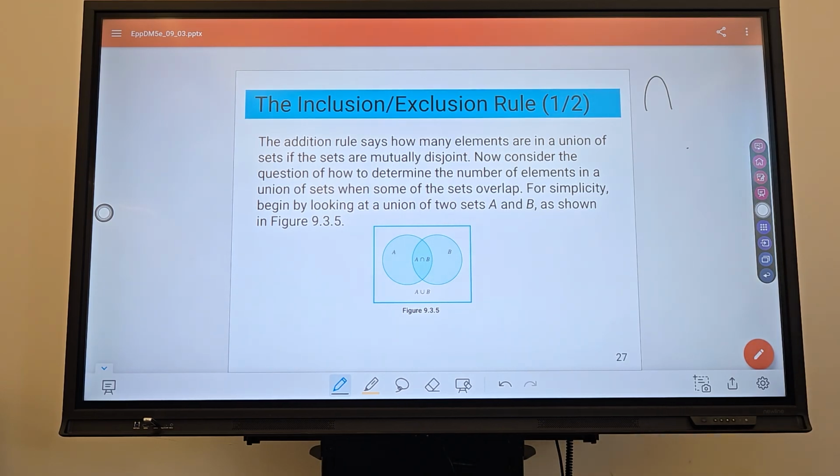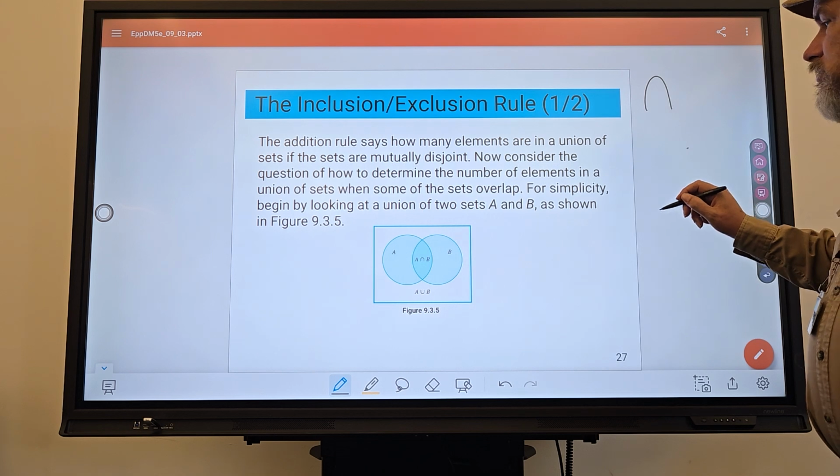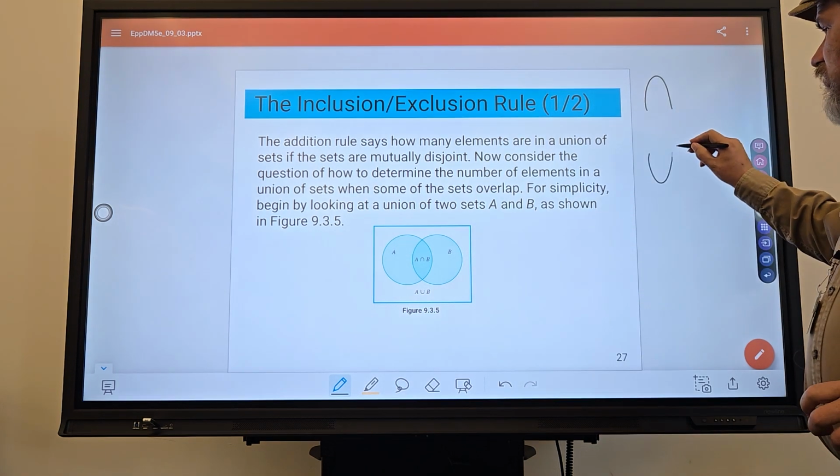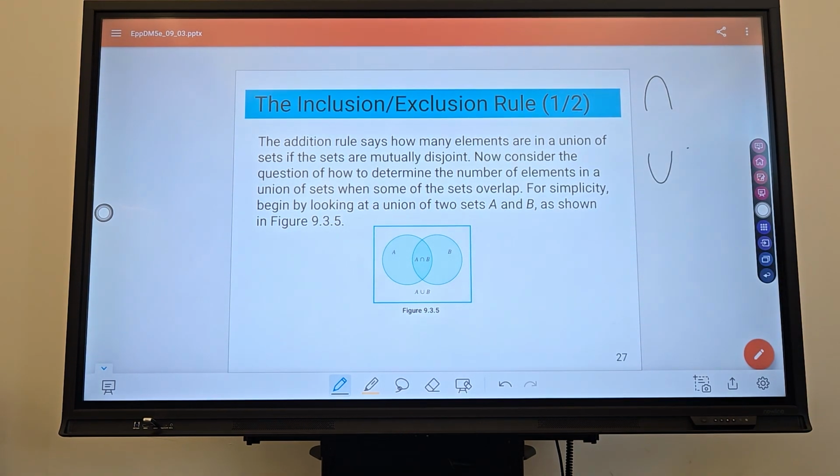It denotes elements that are in both A and B. The union symbol is the combination of both A and B combined together. So go through chapter 6 and you'll learn more about the intersection and that sort of thing.